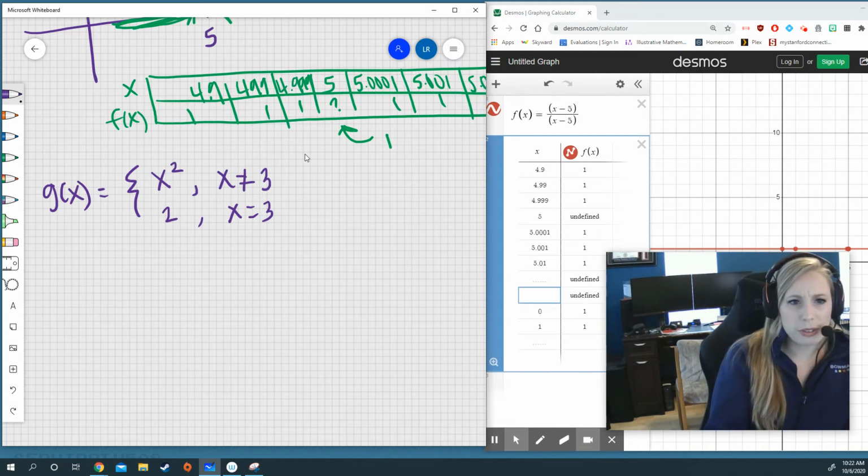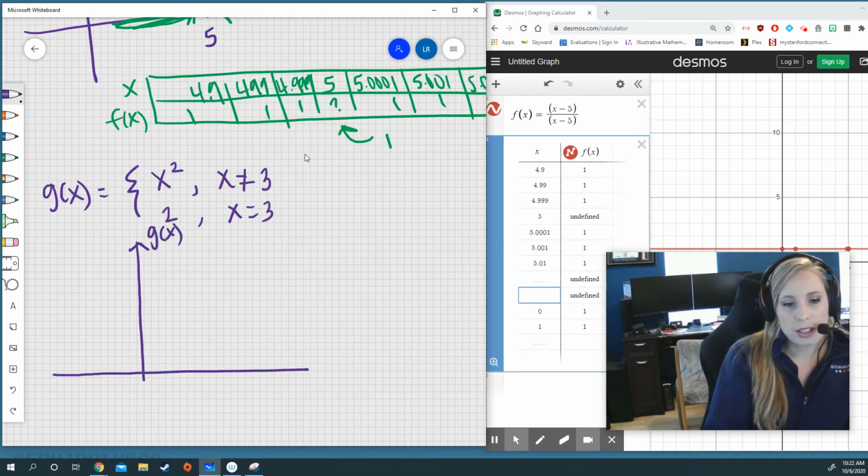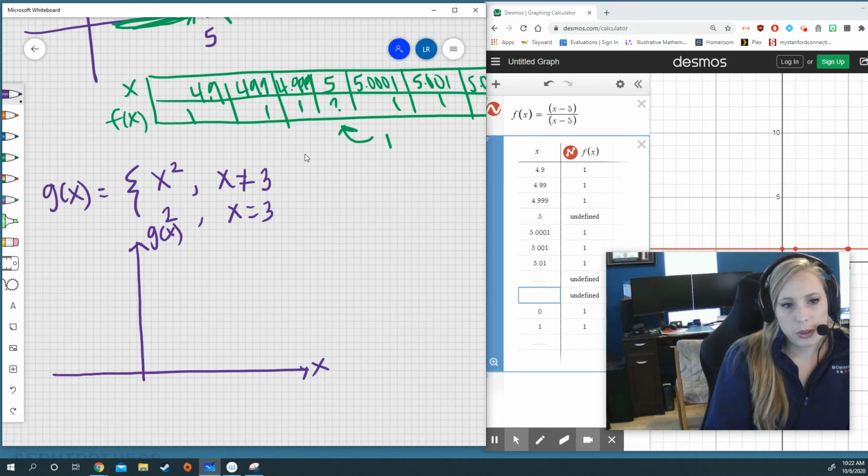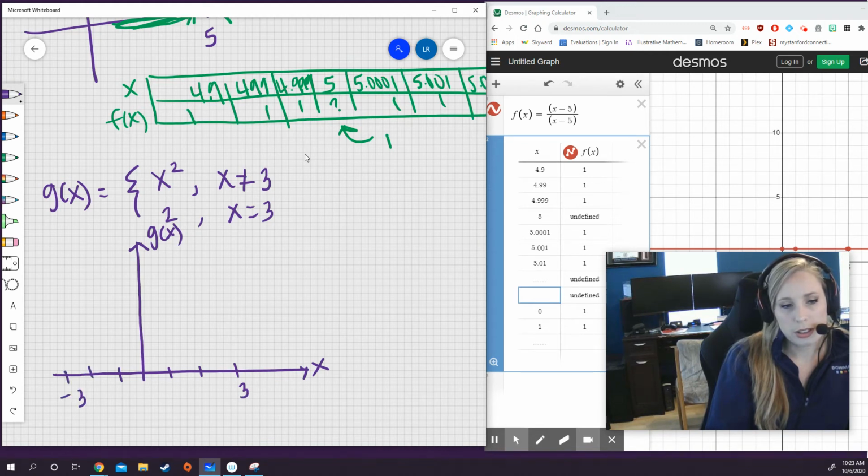And of course, we could graph this. So this is going to be our g of x axis. This is going to be our x-axis. And we want to go up to at least 3. 1, 2, 3. And that would have to make this at least 9.